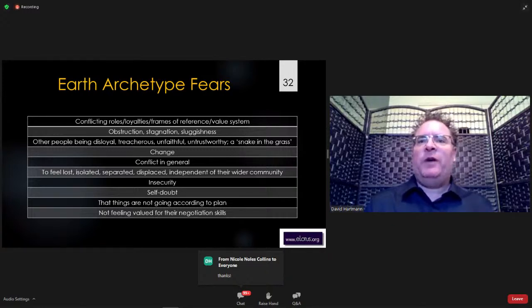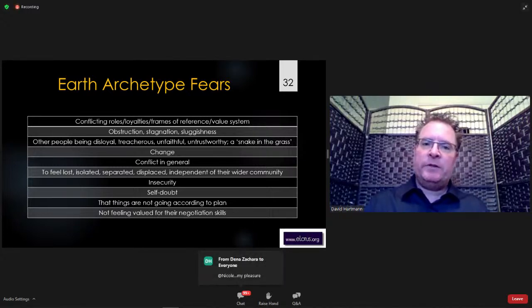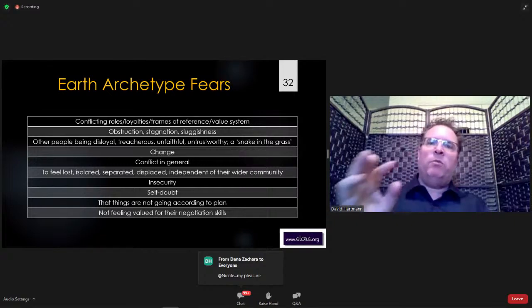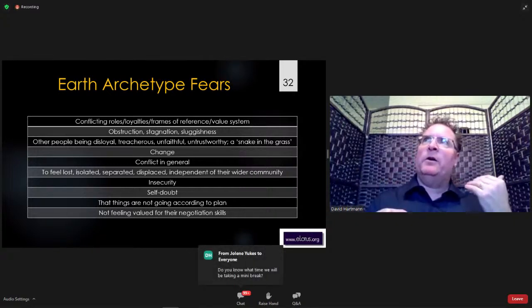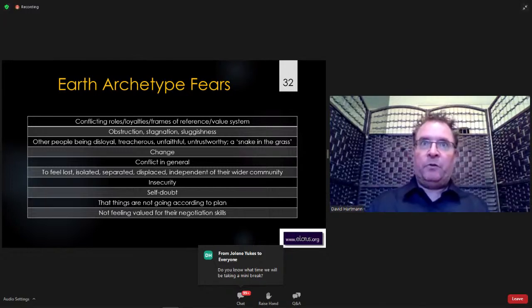Now, let's look at some stuff that they can start to exhibit if they're starting to fall off balance. They fear conflicting roles, loyalties, frames of reference, or value systems. Any of those types of things can create a problem for them in terms of how they can work around that in order to help themselves and to help others.